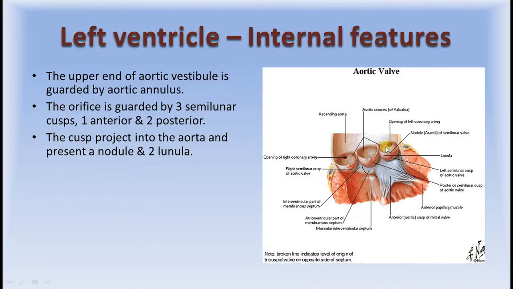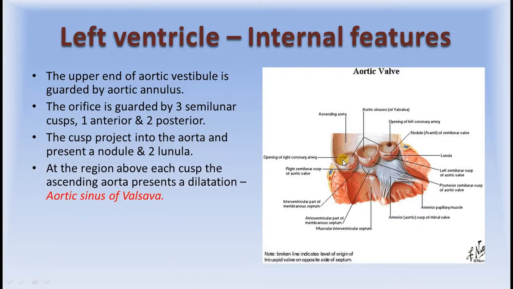So deep to the cusps you see a sinus and you see openings which is actually called the aortic sinus of Valsalva. Aortic sinus of Valsalva. So how many aortic sinuses are there? 3 aortic sinuses are there, of which one is actually a non-coronary sinus.